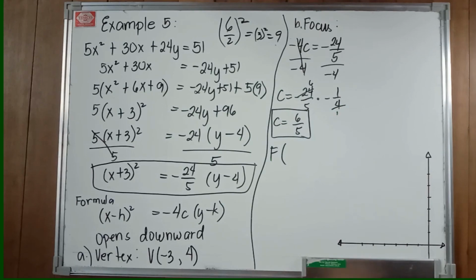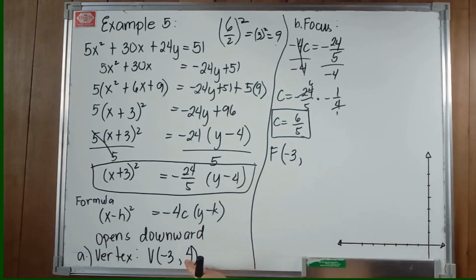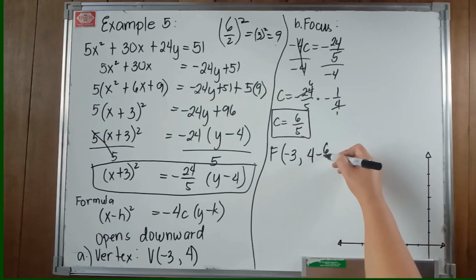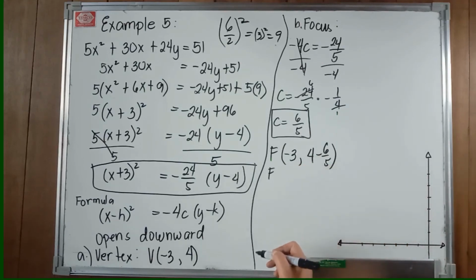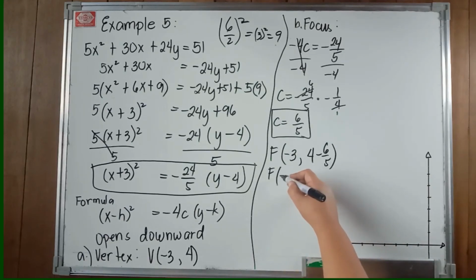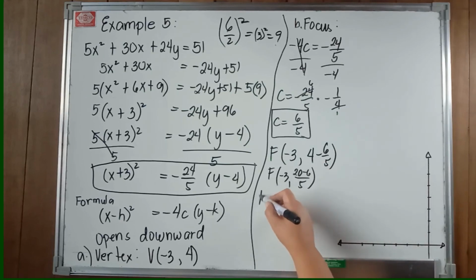So for our focus, since it is facing downward, we are going to subtract from our 4. Subtract 6 over 5. So negative 3, our LCD is 5. 5 times 4 is 20, minus 6.